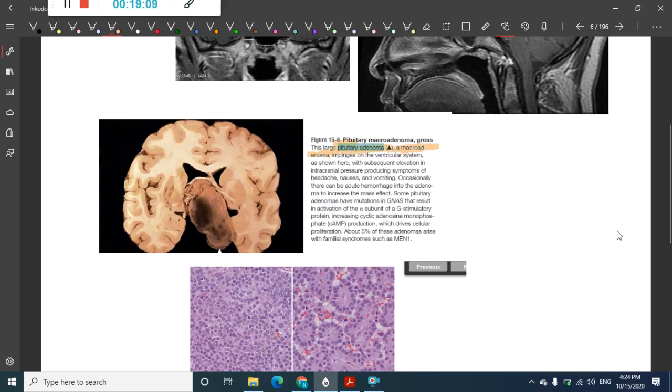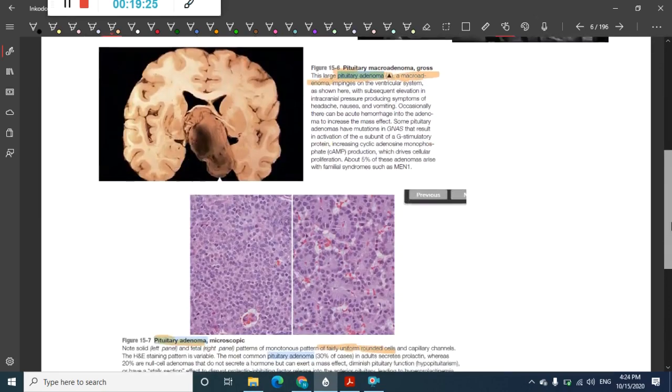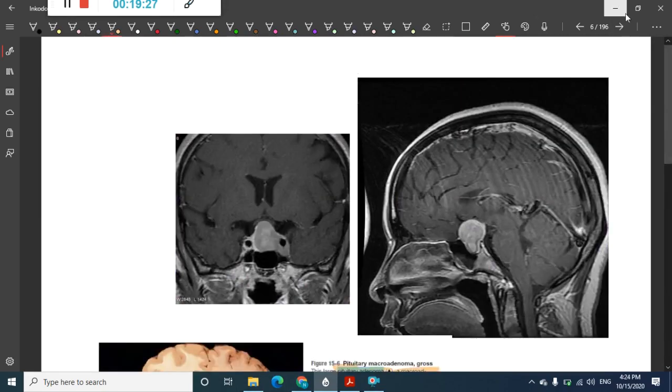The ventricular system has been distorted. Then you have this pituitary adenoma microscopically. You are seeing many rounded uniform cells here, and these are pituitary adenoma. So these are the pictures of pituitary adenoma.